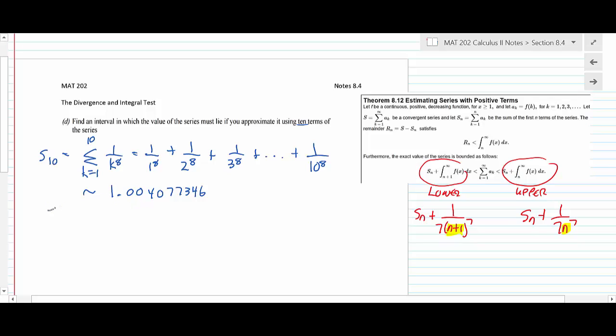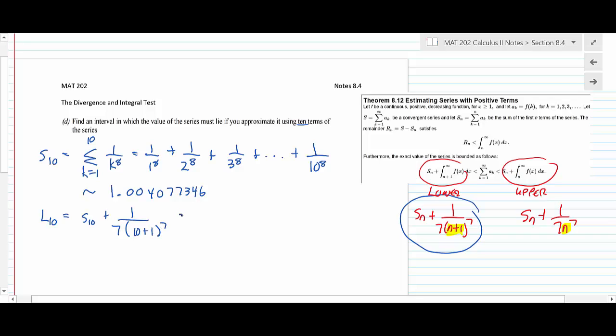Then we want to do the lower bound of 10. Well, for the lower bound of 10, you just want to take this expression right here. So you want to do S of 10 plus 1 over 7, and then replace that n with 10. So you're going to get this.